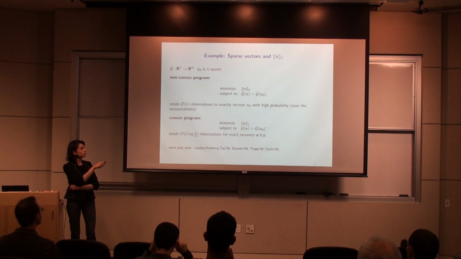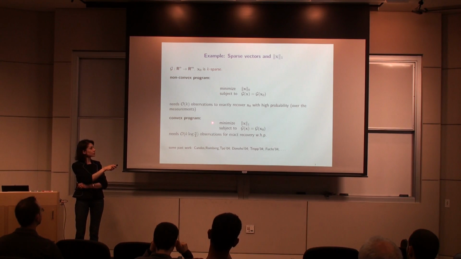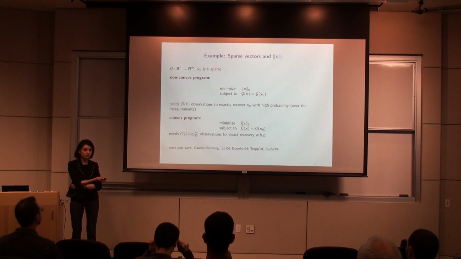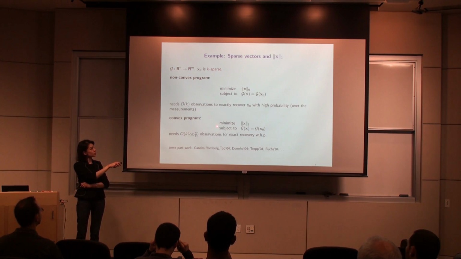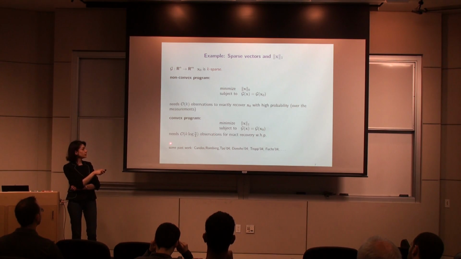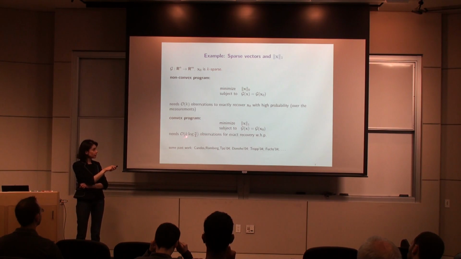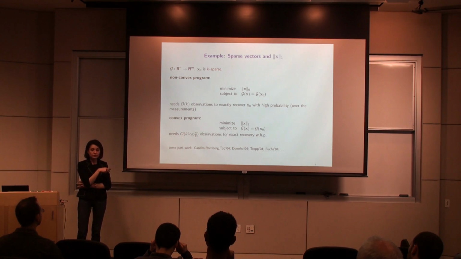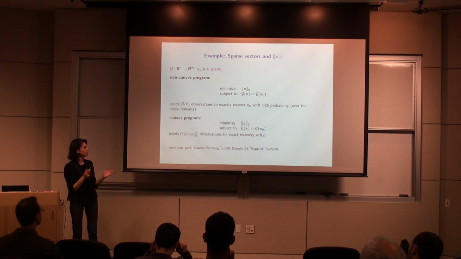However, this is a non-convex problem, and it's hard, and I can't solve it. So what people typically do is a convex relaxation. You replace the cardinality function with the L1 norm subject to the measurements, and this is now a tractable convex problem. Now, how many measurements do we need for this problem to recover X naught? The answer is K log N over K, which is very close to K, because log N is a very small number even for a large N. This result was a critical result that enabled the whole area of compressed sensing.